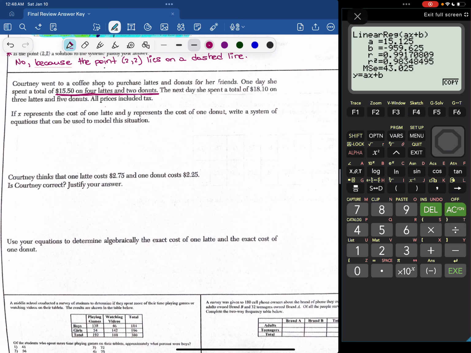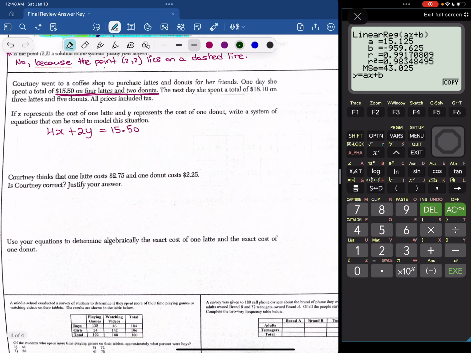We know that X is representing latte, so if Courtney bought 4 lattes, we would write that as 4X. And if she purchased 2 donuts, we would write that as 2Y. And she spent a total of $15.50. So 4X plus 2Y is equal to 15.50. And that's their first equation.